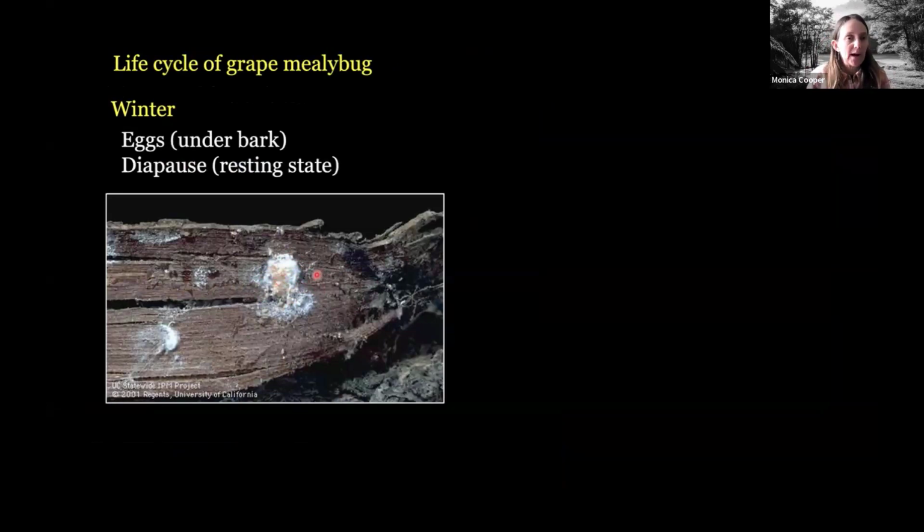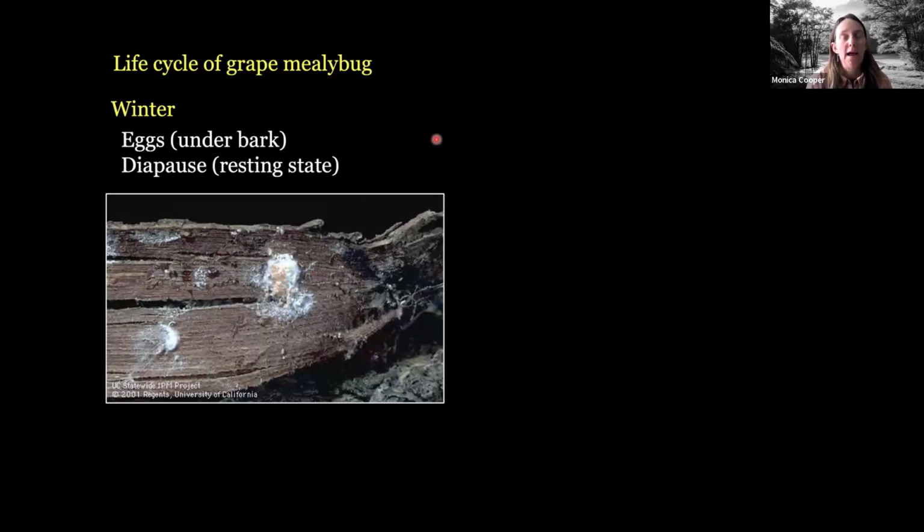So the eggs are actually the diapausing stage over winter for this insect. And diapause, if you think about it, is a resting state. So it's hibernation. It's triggered by day length.